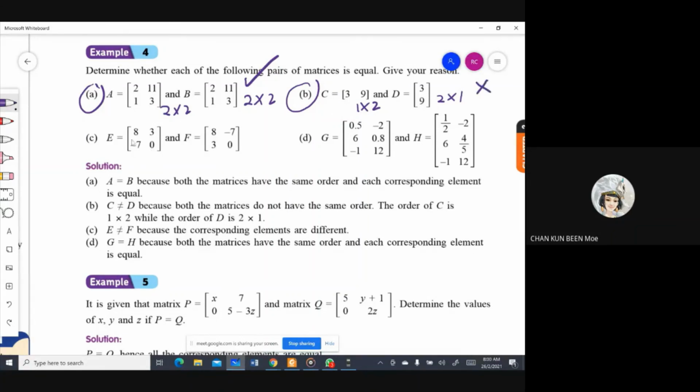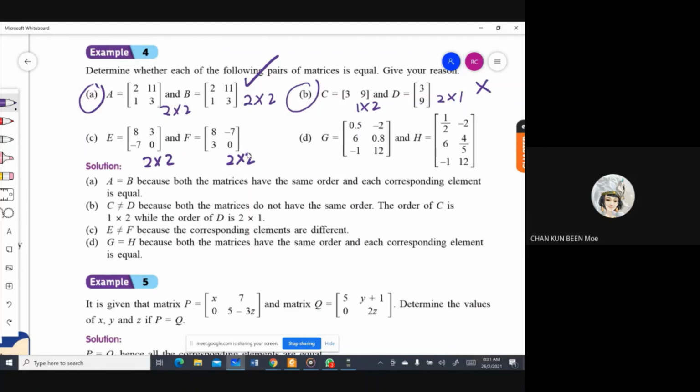And then for E, E is equal to add 3, 0, -7, 0. So the order is 2 by 2, and F is also 2 by 2. Then we need to compare the numbers. You see add 3, -7, 0, but this one is add -7, 3, 0.